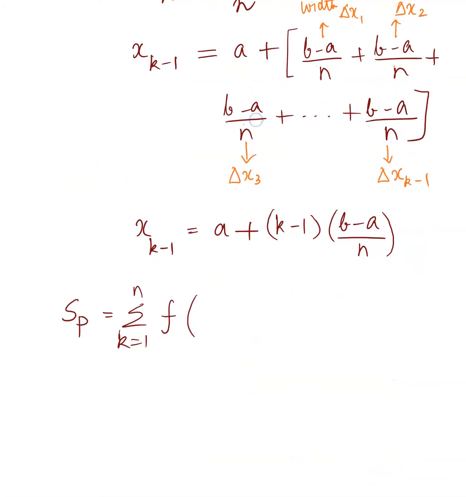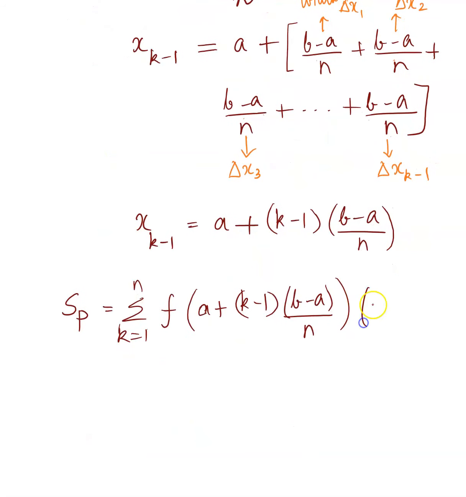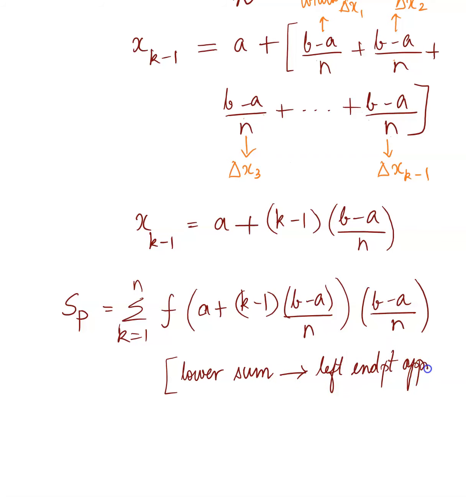Now in the place of xk minus 1 I have a plus k minus 1 times b minus a over n, times the delta xk, which is b minus a over n. Okay, this is for the lower sum, left endpoint approximation. Do we agree with that?